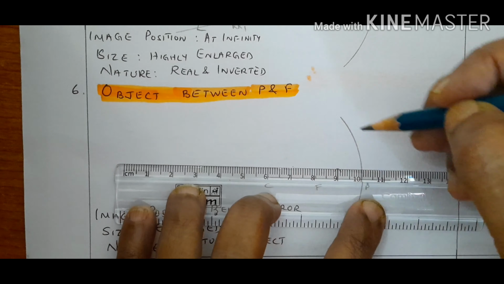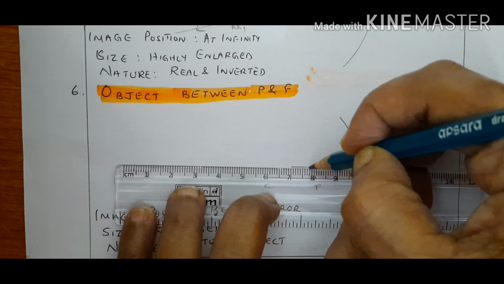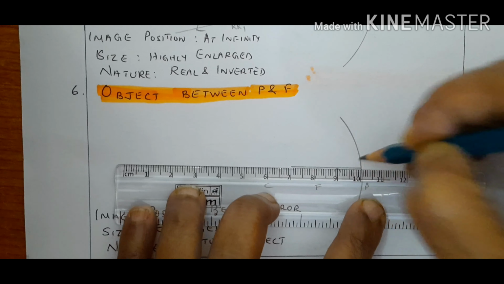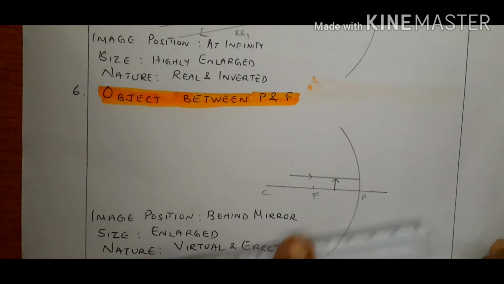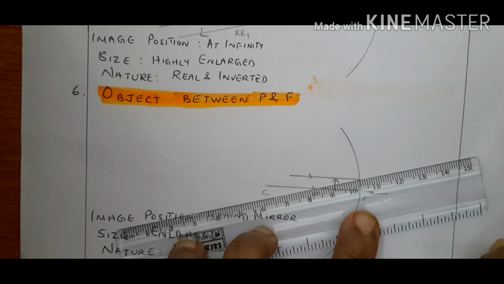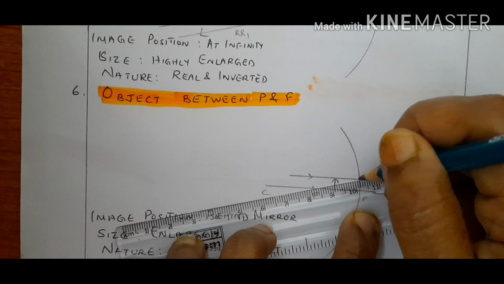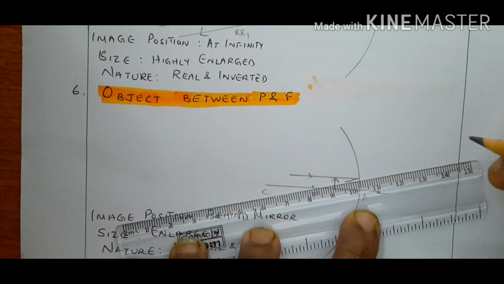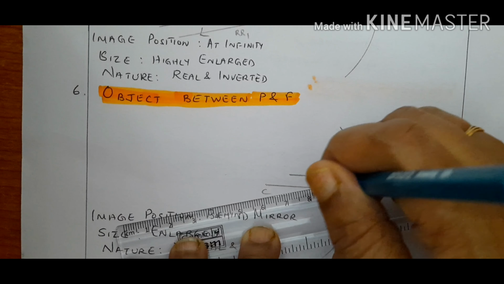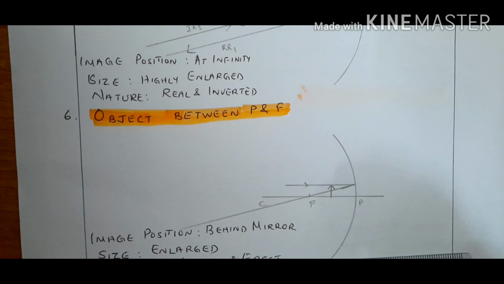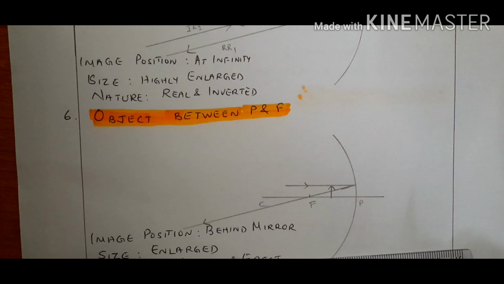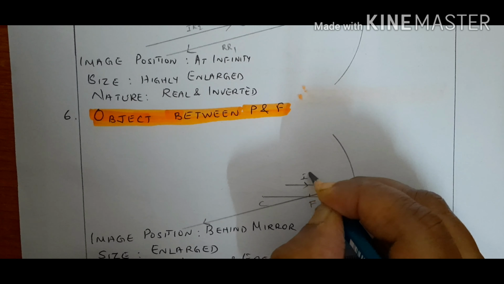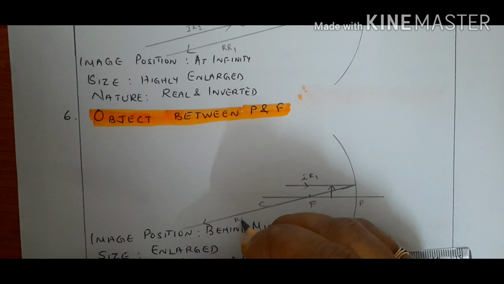Okay, the incident ray is from the top of the object and it is going parallel to the principal axis. Okay, after reflection, we know that it will pass through the focus. Okay, so the ray is passing through the focus. So this is IR1 and this is RR1.